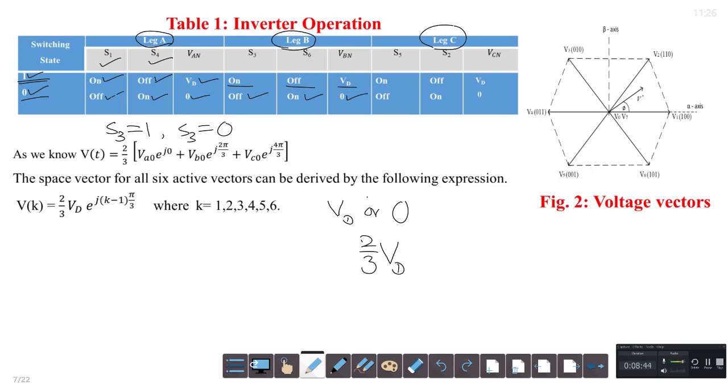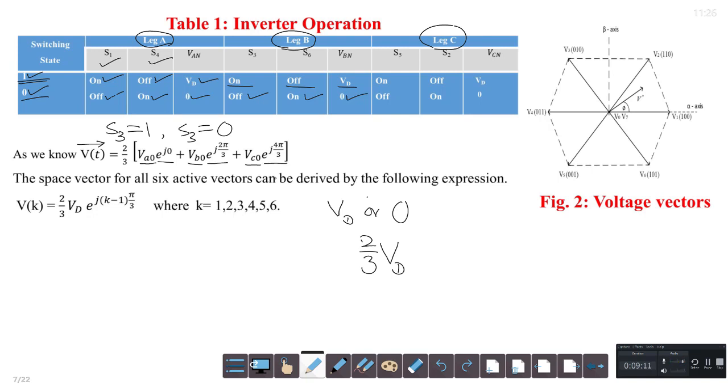The voltage vector Vt is given by 2/3 times voltage of phase A, Vao, at an angle 0, which we take as reference, then voltage Vbo at an angle e to the power j 2π/3, and voltage of phase C, Vco, at e to the power j 4π/3.